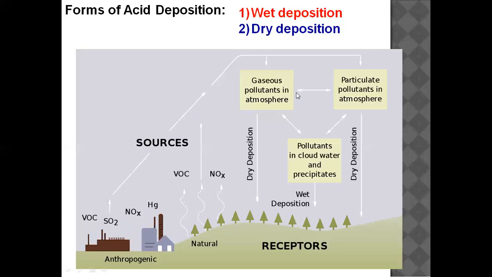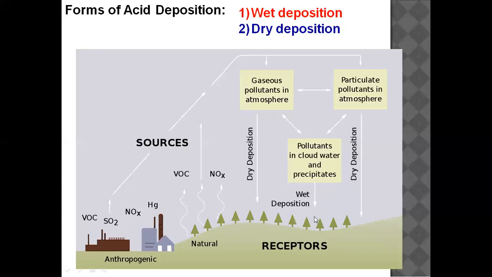These pollutants react with the cloud water and precipitate or settle down on the earth's surface, taking the form of rainwater, snow, or fog. All these are wet methods of deposition. That is why they are called the wet deposition process.